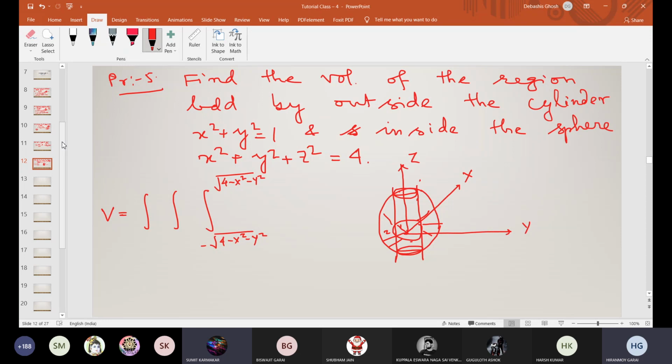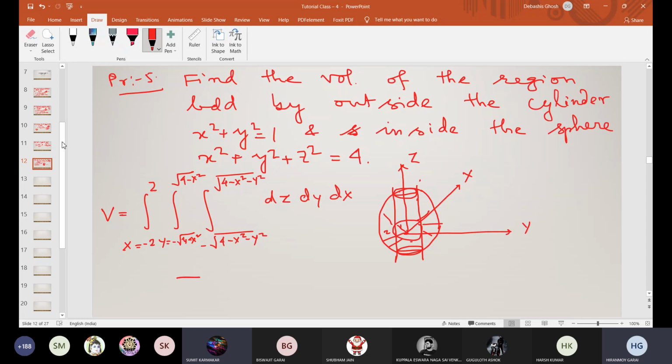Then you have dz. Then for y, minus under root of 4 minus x square to under root of 4 minus x square, and x has its range from minus 2 to 2, dz dy dx. That is the inner part of the sphere.